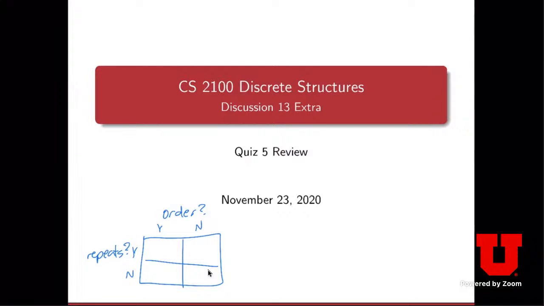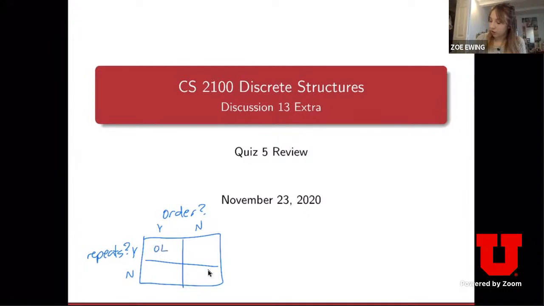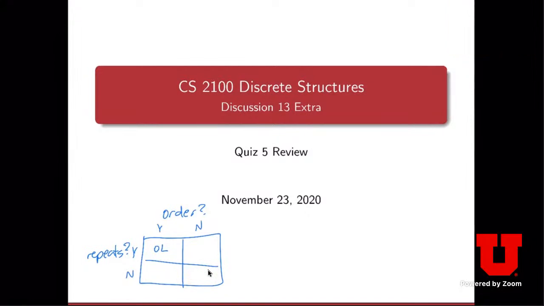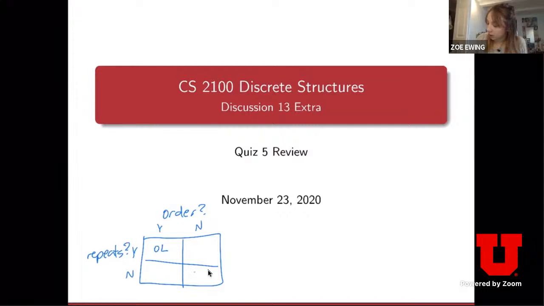The first one, top left corner, would be ordered list. Okay, and then down in this bottom right corner? That one, no repetition, no order. It should be set. Yeah, so I'll put set slash combination.